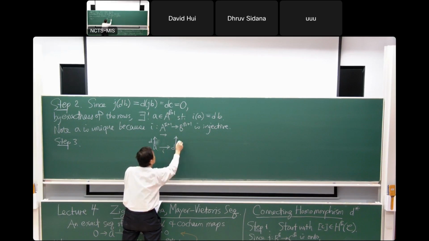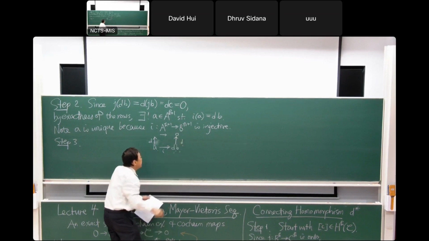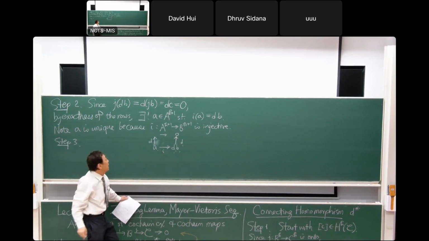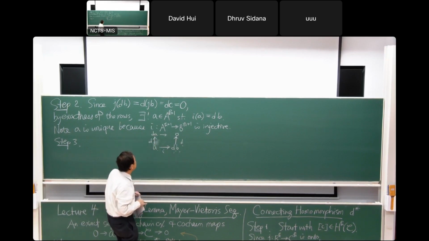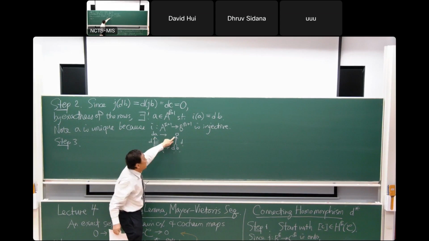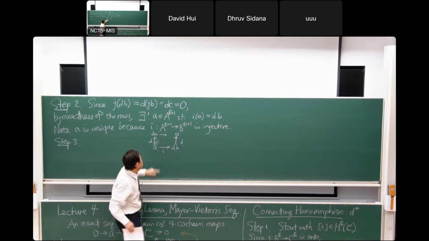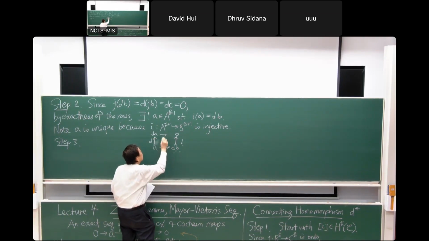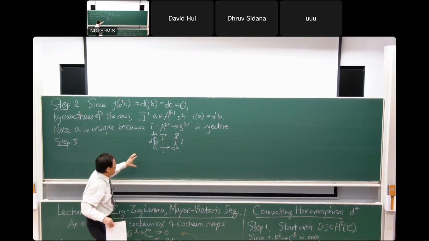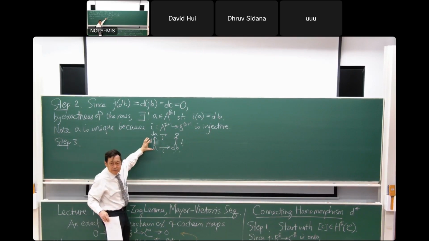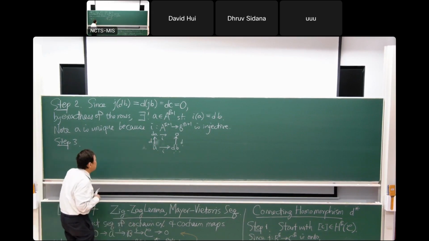A maps to dB. d of dB is 0 because d squared is 0. And so dA maps to 0 by the commutativity of this diagram. And because I is injective, dA has to be 0. Okay? So everything is really easy if you just look at the diagram. But we should write it out in words.